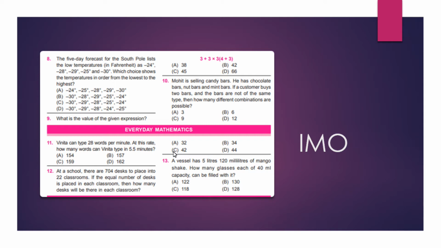The temperatures should be arranged in increasing order. Therefore, the answer for this question will be C. -30 is less than -29 is less than -28 is less than -25 is less than -24.